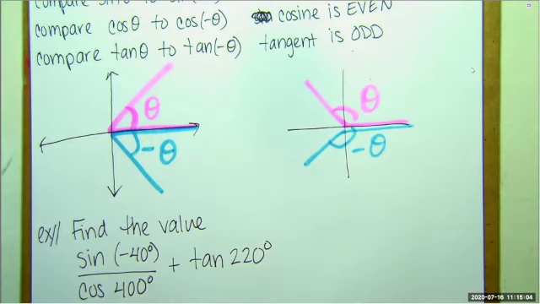Okay, so now we have one problem that's going to use like three things we did in this section all together. So I have sine of negative 40 degrees over cosine of 400 plus tangent of 220. Okay, we want to evaluate this, find the value. So your first thought might be to draw out these angles, and you'll realize really quickly we don't know how to do any of these by hand.